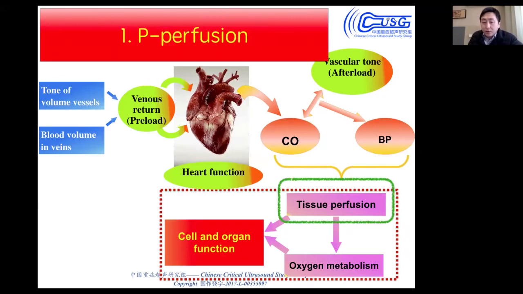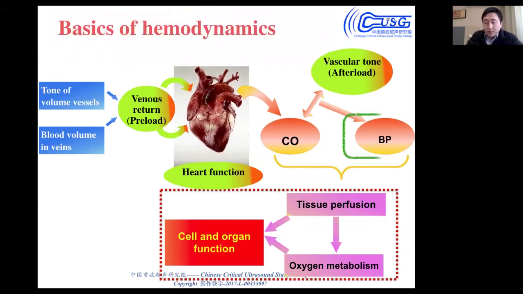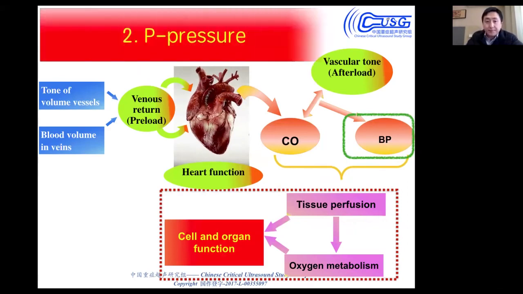Then we go to the second P, which is pressure. The pressure is a key point that drives enough flow to the tissue. So pressure is the first treatment we should perform.